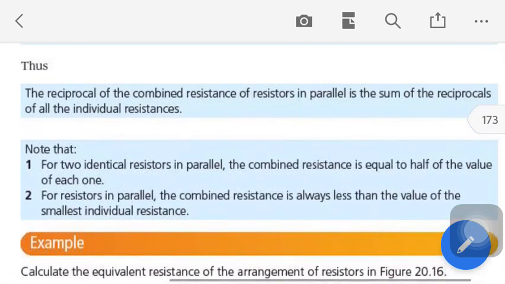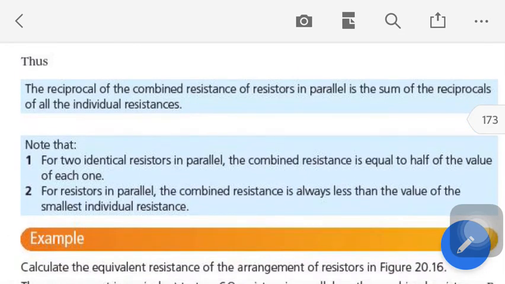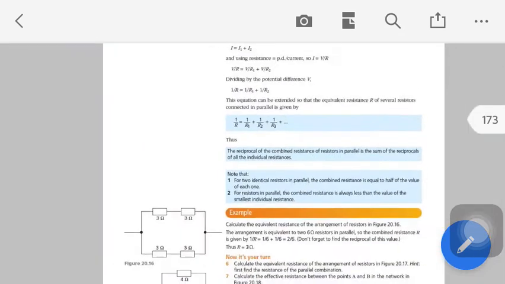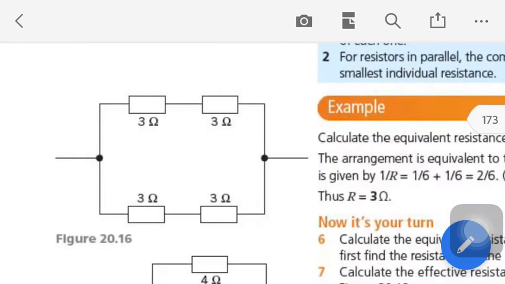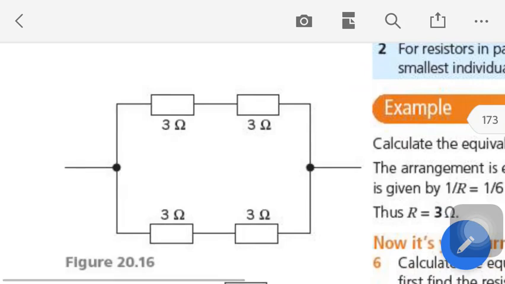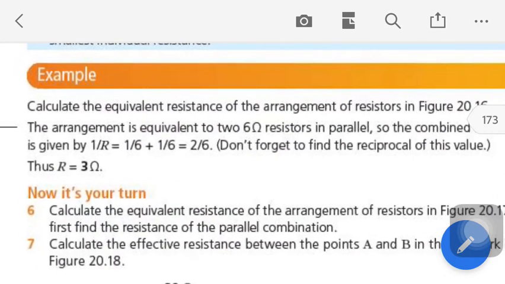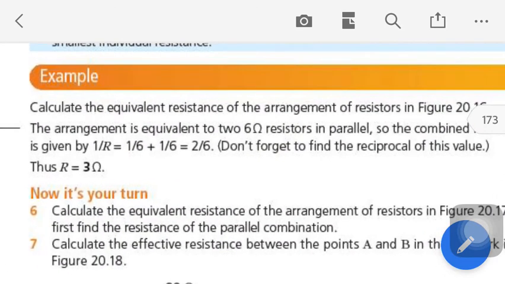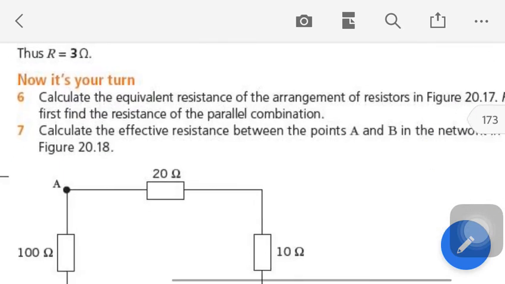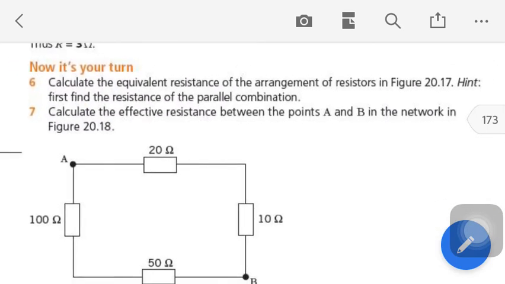Calculate the equivalent resistance of the arrangement of resistors in figure 20.16. So this is figure 20.16. Then after doing that, check the answer given for the example. It is explained.